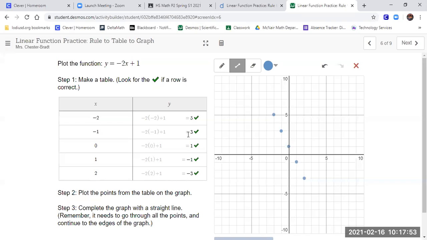So what's happening to go from 5 to 3, from 3 to 1? That's not adding. What is that doing? Oh, it's subtracting 2, just like our rule said to do, subtract 2.